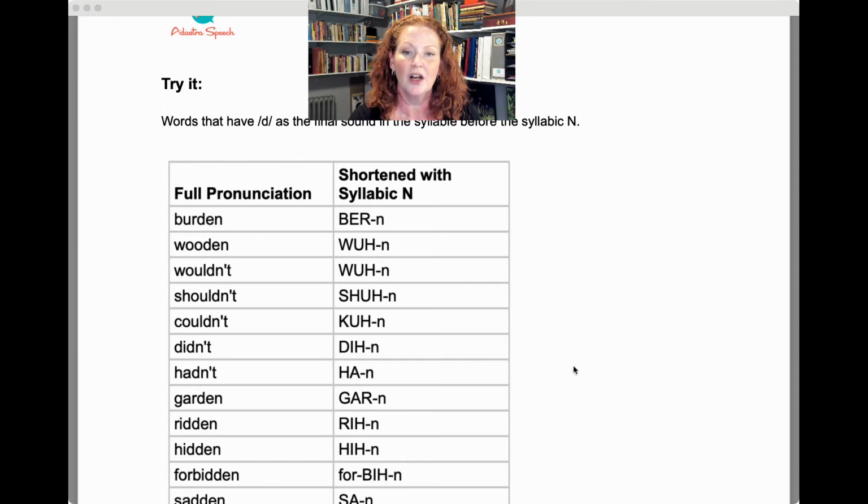Burden. Wooden. Wooden. So wooden and wouldn't are going to sound the same because you don't pronounce the final T in wouldn't, shouldn't, couldn't, didn't, hadn't. You don't say the final T, so you just hold it there. So number 2, wooden and wouldn't sound the same.